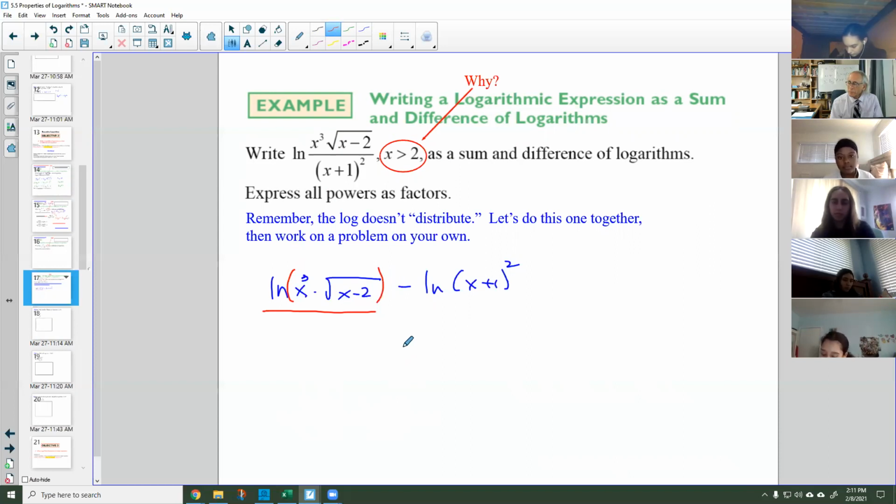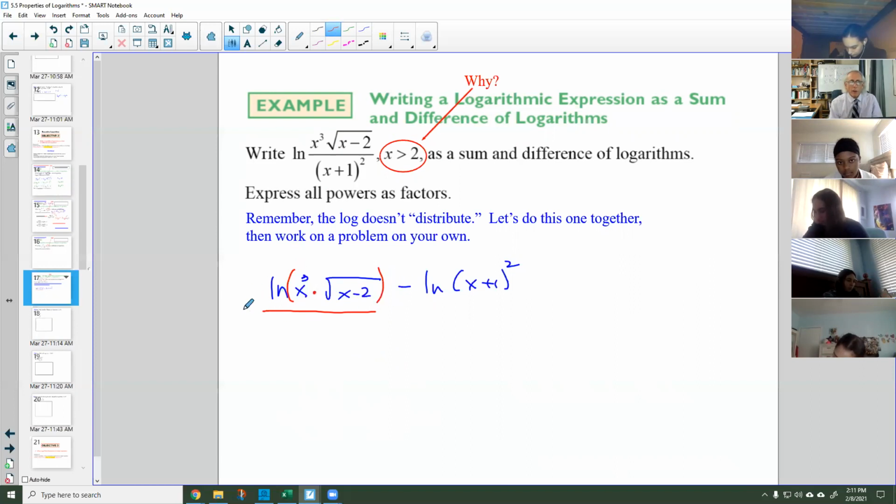One of the properties. Yep, which one? 1, 2, or 3? It's going to be 3 in a minute, but not yet. Then 1? Yes, I got to do 1 because I have a product here. Do you see it?